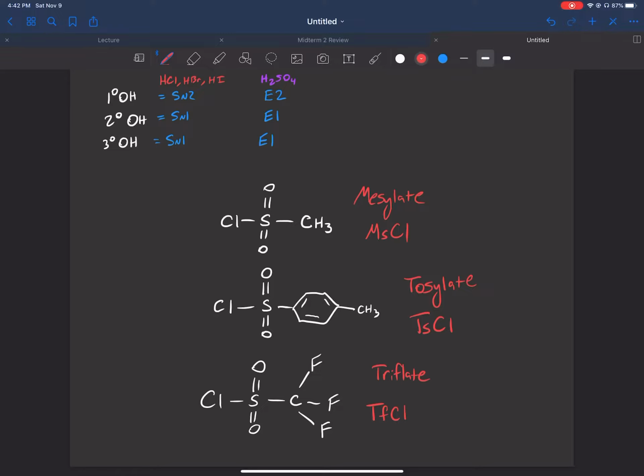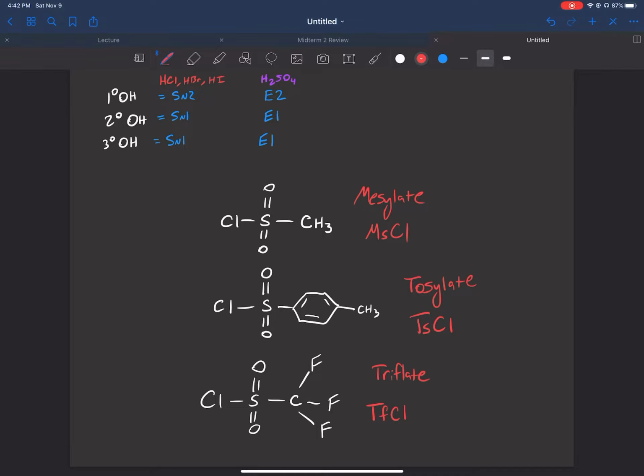All right. So what is the point of this? What are we going to use these tosylates and mesylates for? Well, there are ways that we can turn alcohols into good leaving groups. And what exactly is this going to help us do?